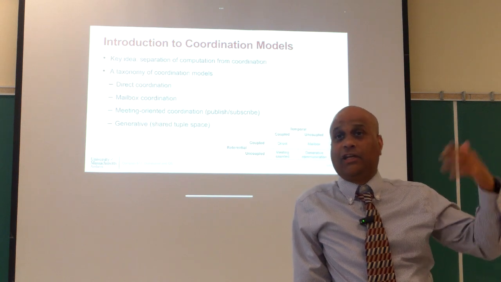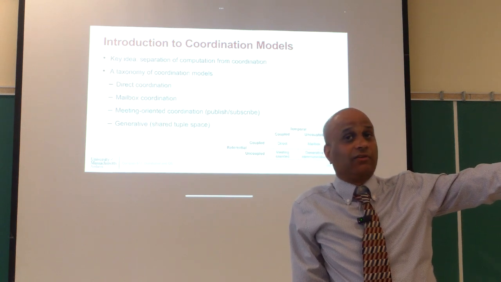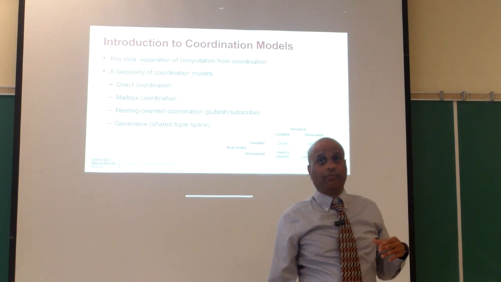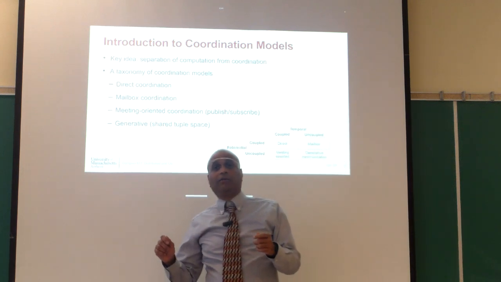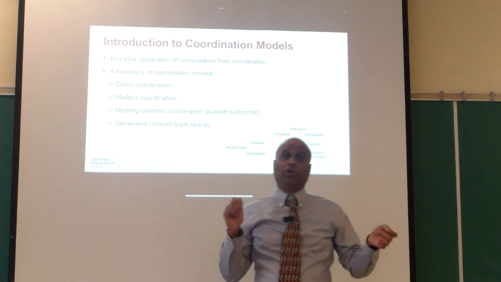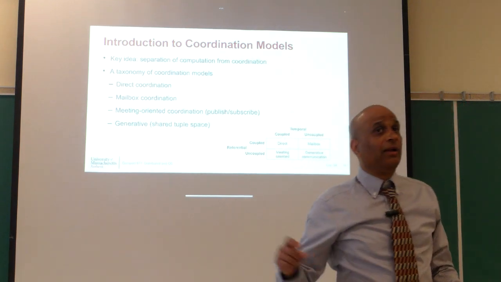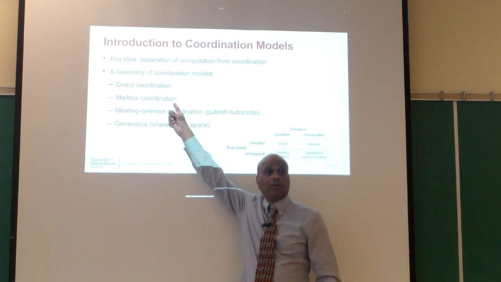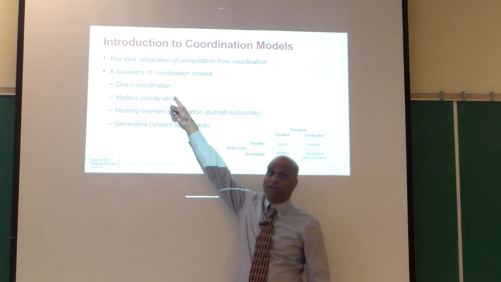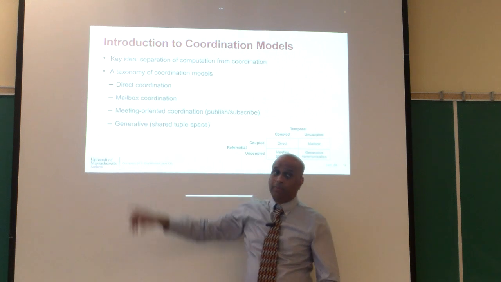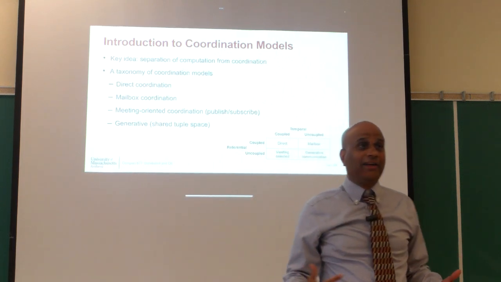It may take hours, days for somebody to even read that message, and then they might respond. So now you have made the communication weaker because both parties are not active at the same time like they were in direct coordination. So direct coordination is like text messaging, mailbox coordination is more like sending email.